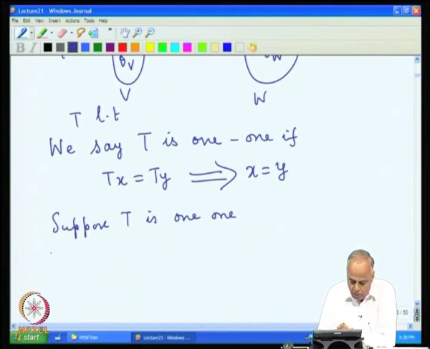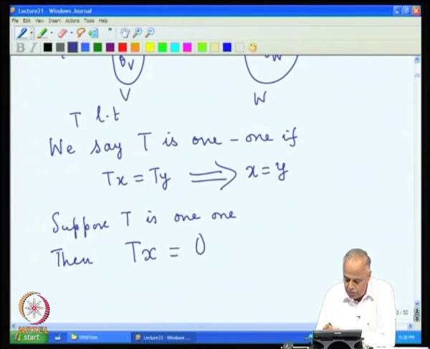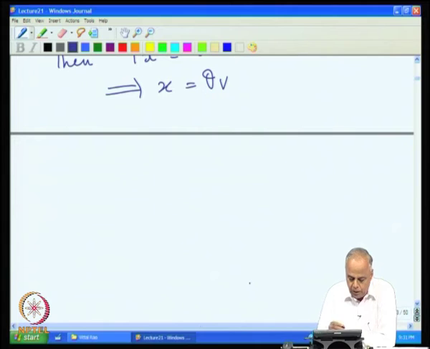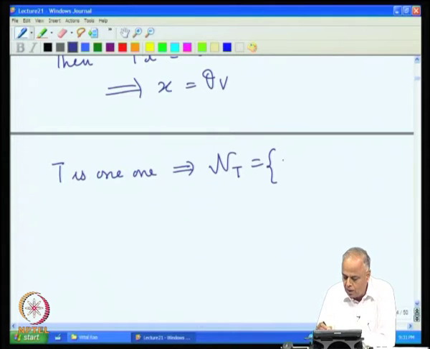So, thus whenever a vector x gets mapped to the 0 vector, then x must be equal to theta V, because no other vector can get mapped to the 0 vector. This means that whenever T is 1-1, the null space of T must consist of only the 0 vector, because only the 0 vector of V gets mapped to the 0 vector of W.